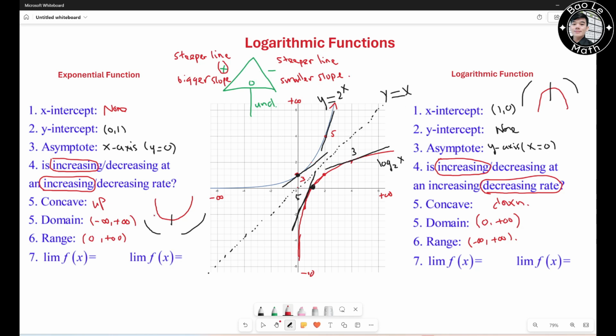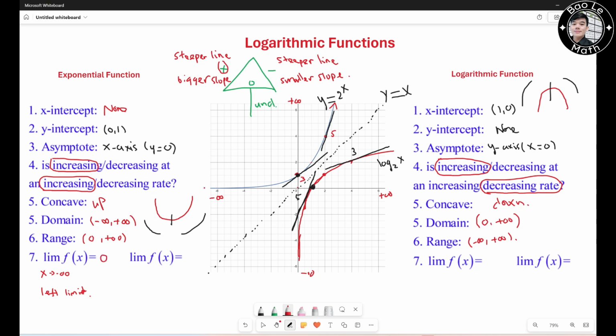Now the limit of the exponential function f of x when x approaches negative infinity. This is called the left limit. When x approaches negative infinity, the function approaches 0. It never touches the x-axis, so this should be 0.